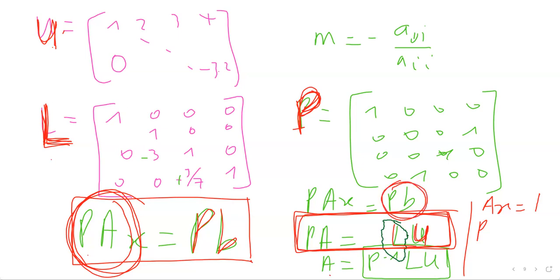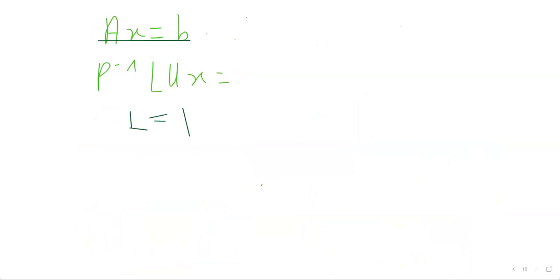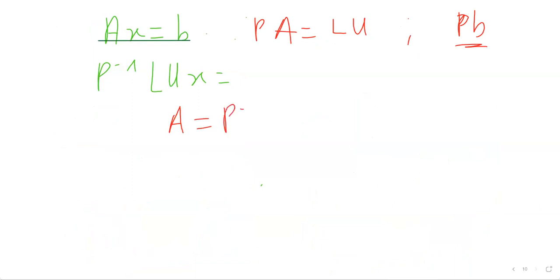So for the right-hand side, we have PA is equal to our LU, and on the right-hand side we have PB. So now A is equal to P inverse of the same, and here we have PB. Let me call this B tilde.